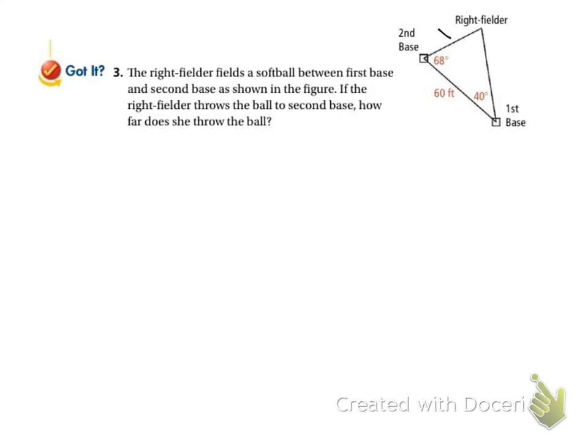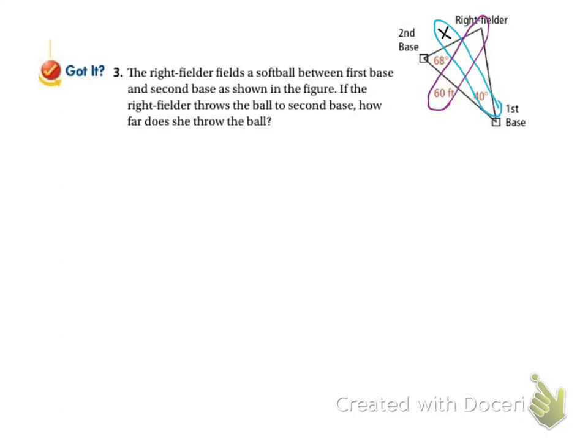We're looking for this right here, X. So I'm going to set up my matches. The 40 goes with the X. And then the 68 is supposed to go with this side, but I don't have any side there. So what I need to do is figure out what this other angle is, because whatever it is, it's the one that goes with this 60.